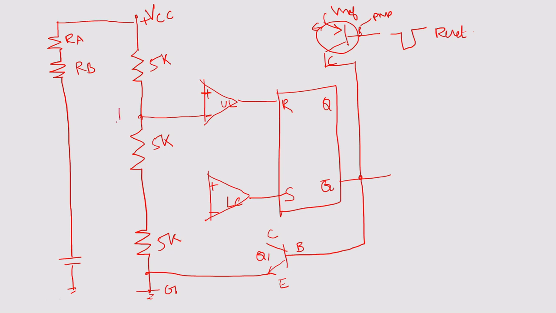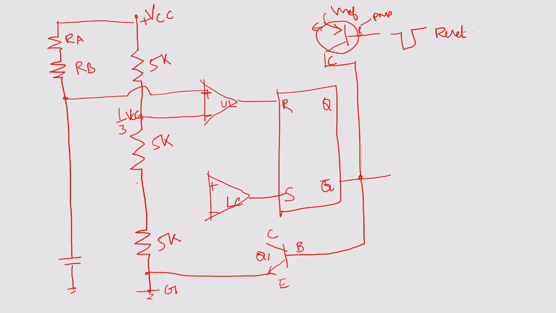From here 1/3 of your VCC will go to the comparator for the comparison. That is the biasing voltage for the comparator. So this plus terminal will be connected to this RC network. You can see very clearly that it is connected below the RB.